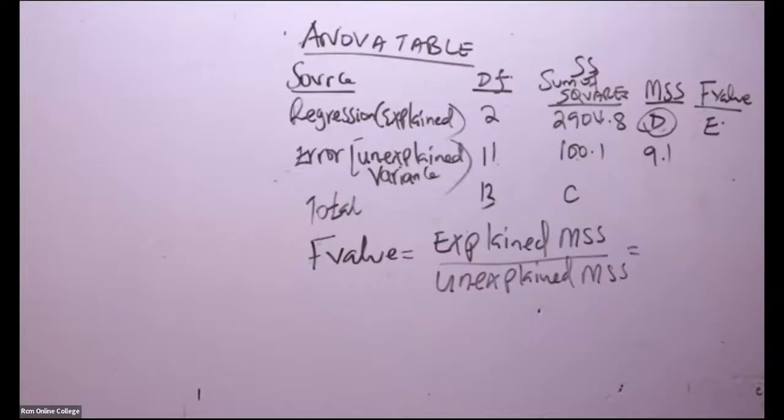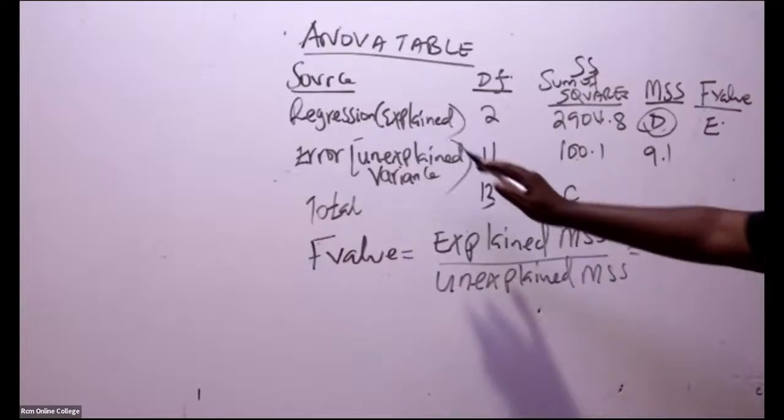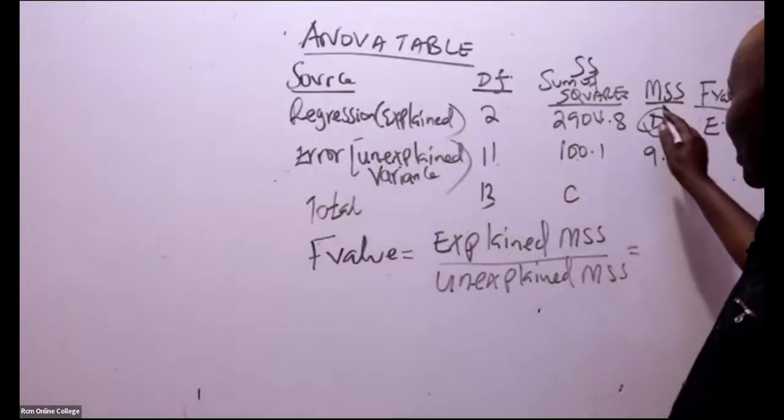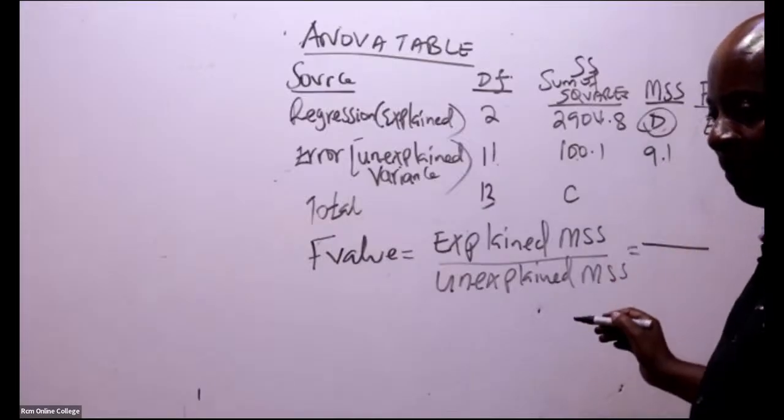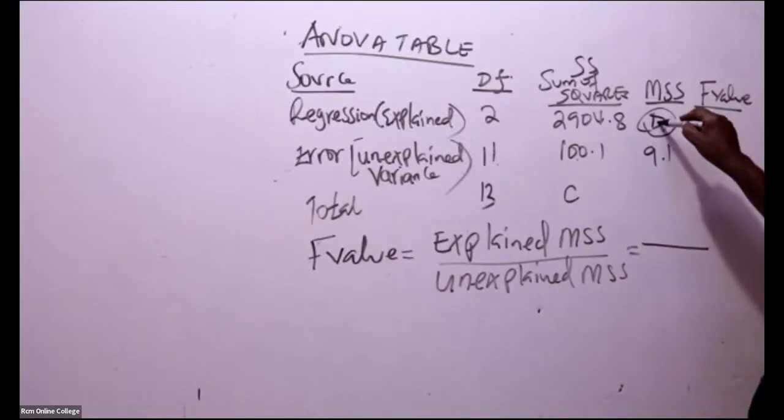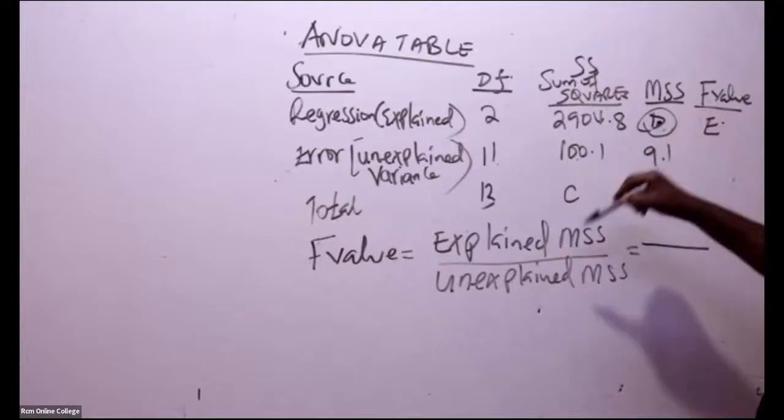So anytime they want us to give them this F ratio or F value, we shall take this regression mean sum of squares, the one that you got here.